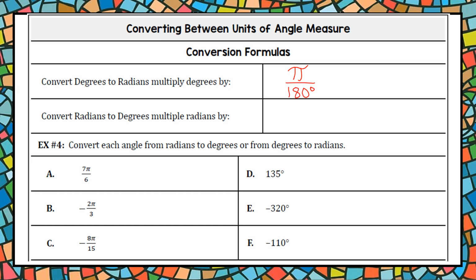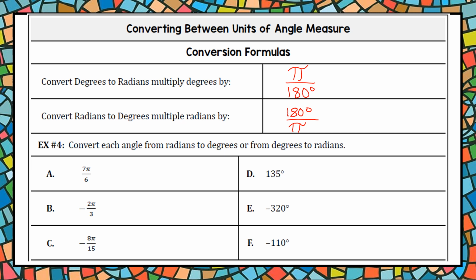And then to go from radians to degrees, it's going to be the opposite. We're going to multiply by 180 over pi. So we're going to multiply essentially by the reciprocal. And if you see a couple of examples here, I think you'll understand why it makes sense that the formulas are what they are.